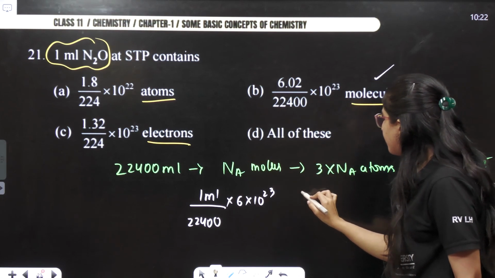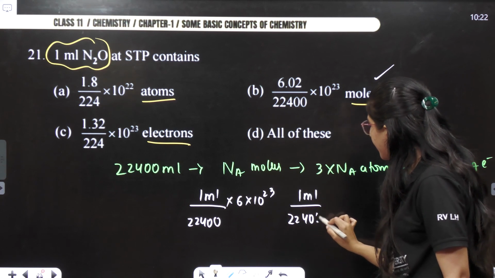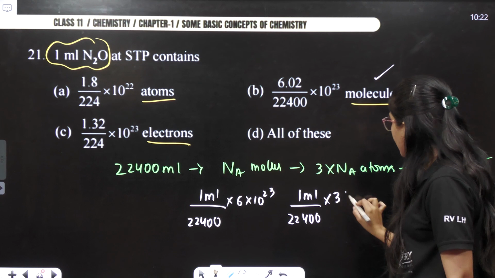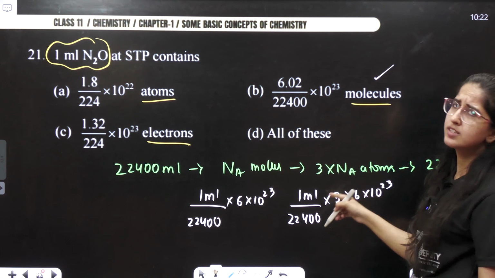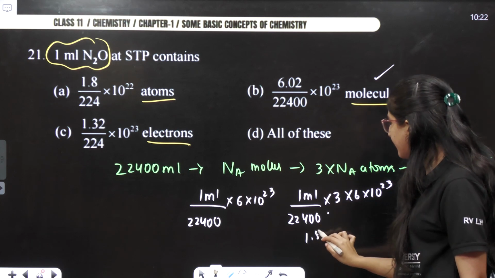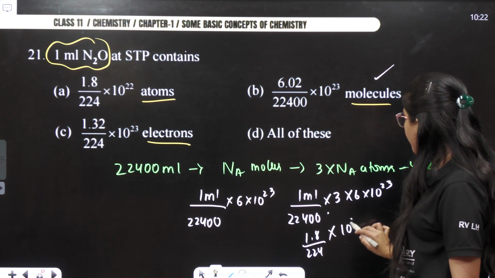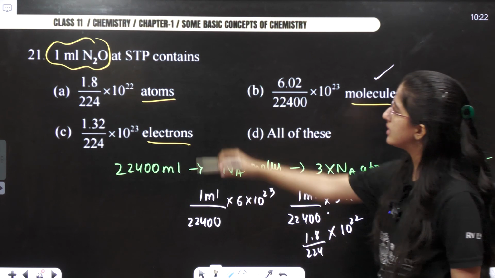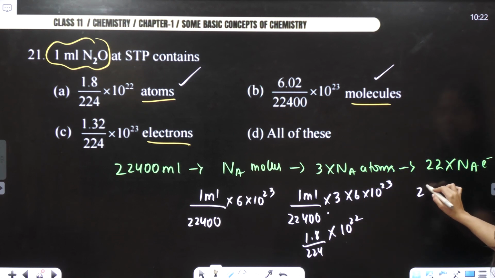Next, for atoms it will be 1 ml divided by 22,400 ml into 3 into 6 into 10 raised to 23. 6 threes are 18, and here 22.4, so you can write 1 divided by 224 into 10 raised to 22. Is it correct as given? Yes, it is correct.